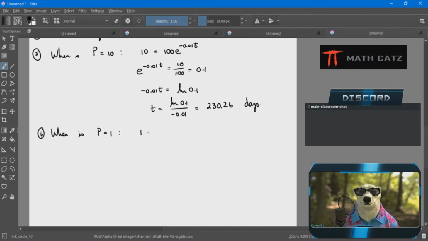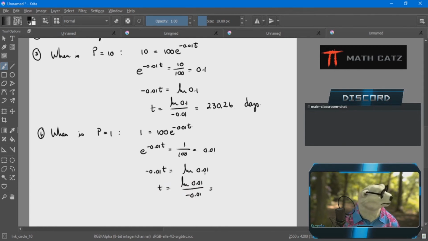So that's going to be when I plug in 1 for P and solve for T. So e to the negative 0.01 T is then 1 over 100, which I can simplify to 0.01. So negative 0.01 T is natural log of 0.01. I can't cancel these 0.01s. This second one is in the log function. So T is log of 0.01 over negative 0.01. So let's see what that is.